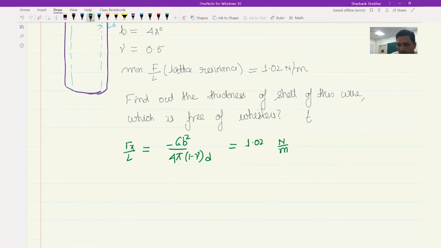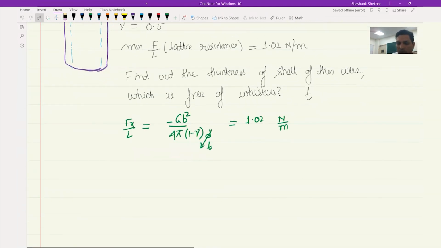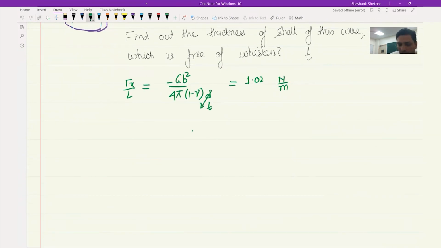And here d is actually T. So from here, we would be able to get the thickness, which will be 200 times 10 to the power 9 times 4 squared times 10 to the power minus 20, which is for the Burgers vector, divided by 4 pi times (1 minus nu) which is 0.5, and 1.02.